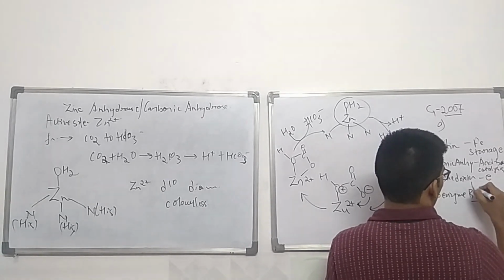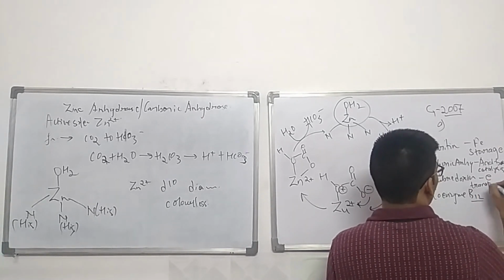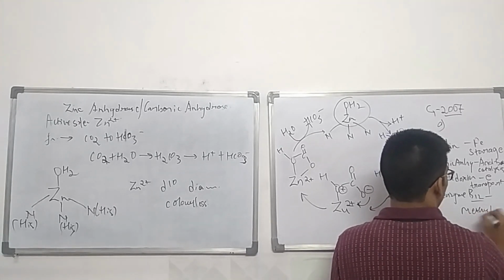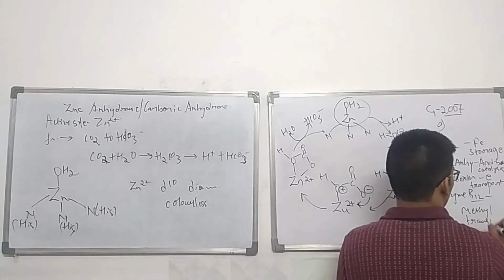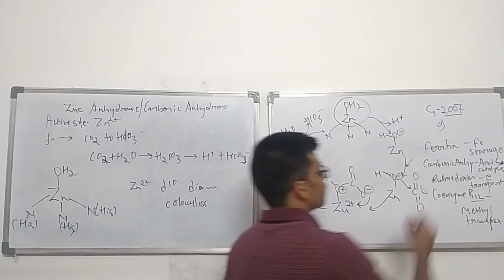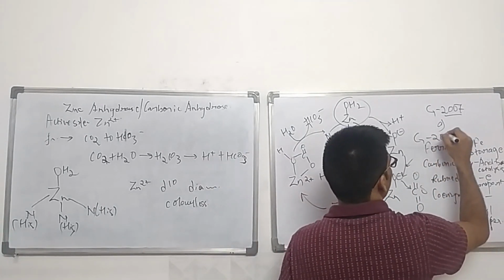Rubredoxin, electron transport, and vitamin B12, methyl transfer, as I told you. Okay, so this came in GATE 2019.